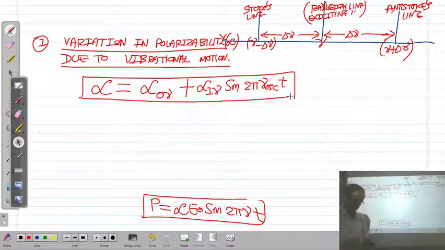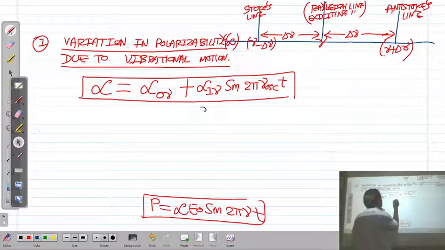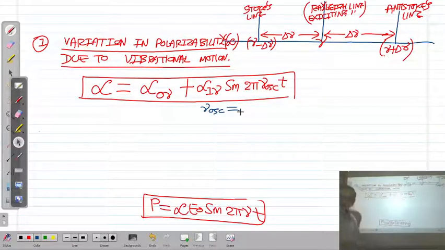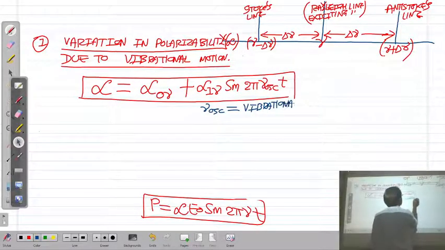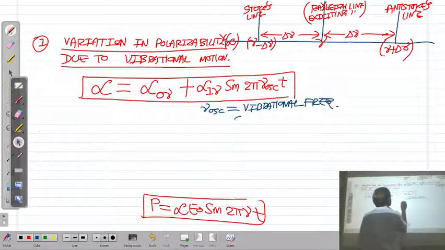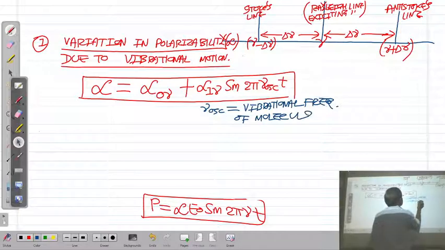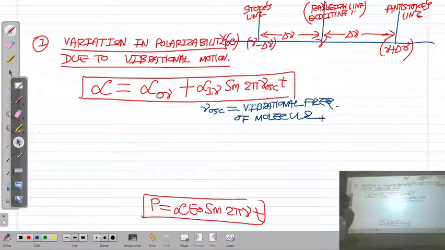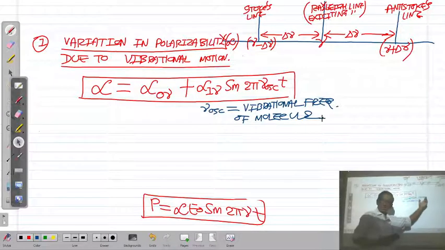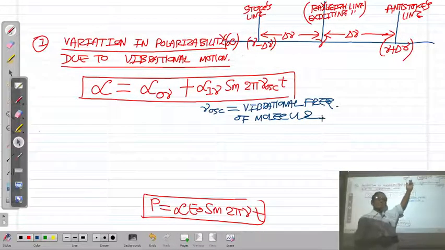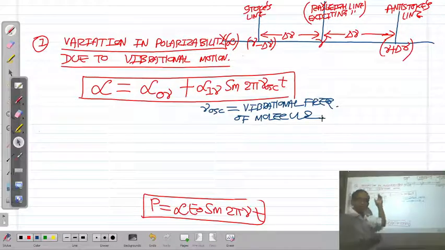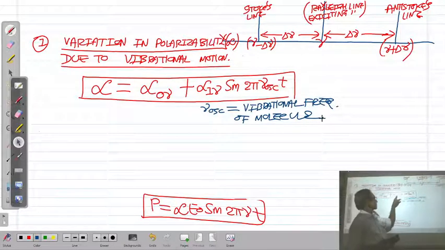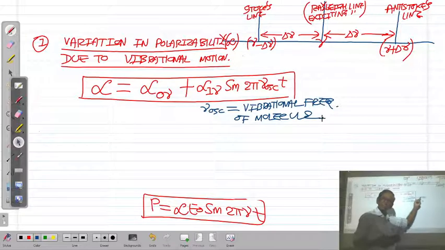What is nu oscillating? It is the vibrational frequency of the molecule. So this nu oscillating is the vibrational frequency of the molecule, and the change in polarizability alpha of the molecule due to vibrational motion is defined by alpha 0 nu + alpha 1 nu sin 2 pi nu oscillating t.